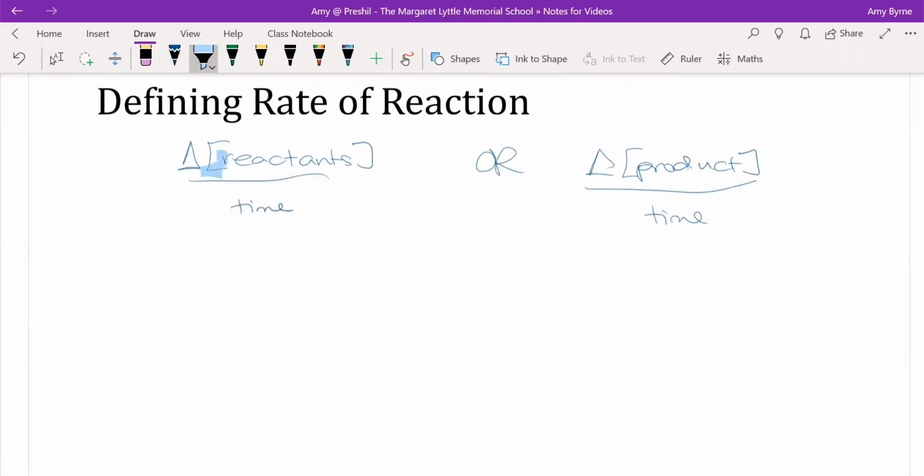Now, the IB needs you to know that it is concentration. So in the mark schemes, they will often specify that you need to include the word concentration. So by definition, reaction rate is the change in either the concentration of reactants or products over time.